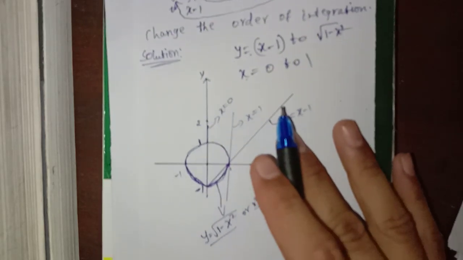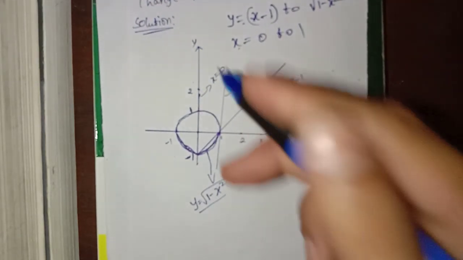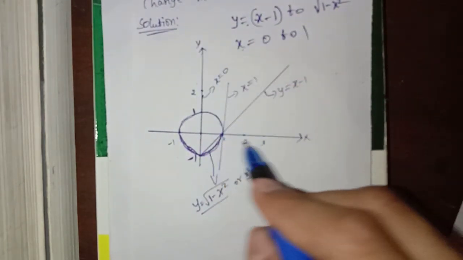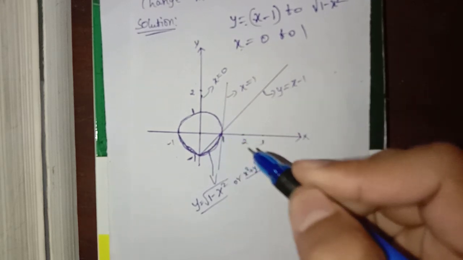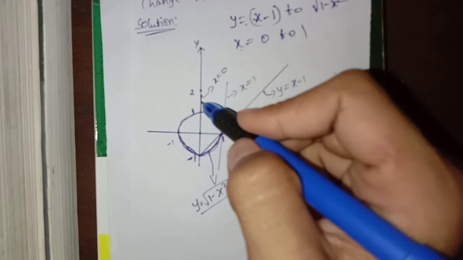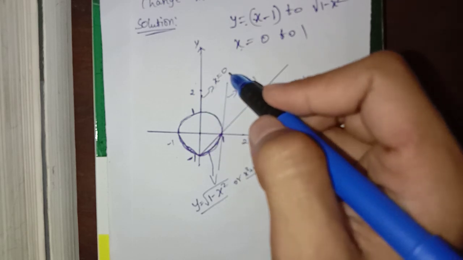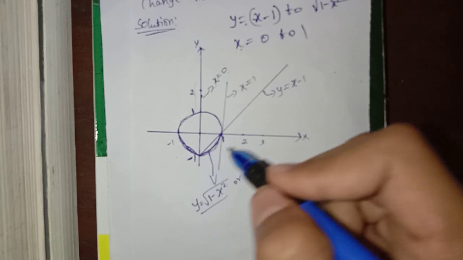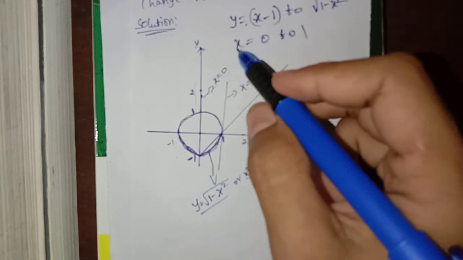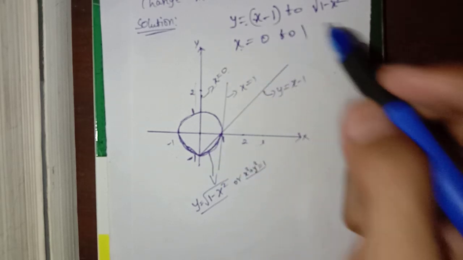Now we must plot a graph. This is the y axis and this is the x axis. The y axis is the line x is equal to 0. And what is the line x is equal to 1?